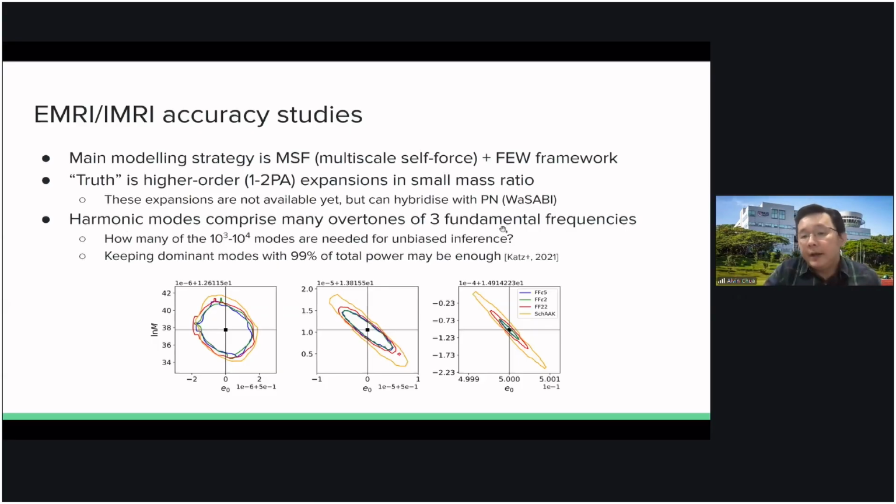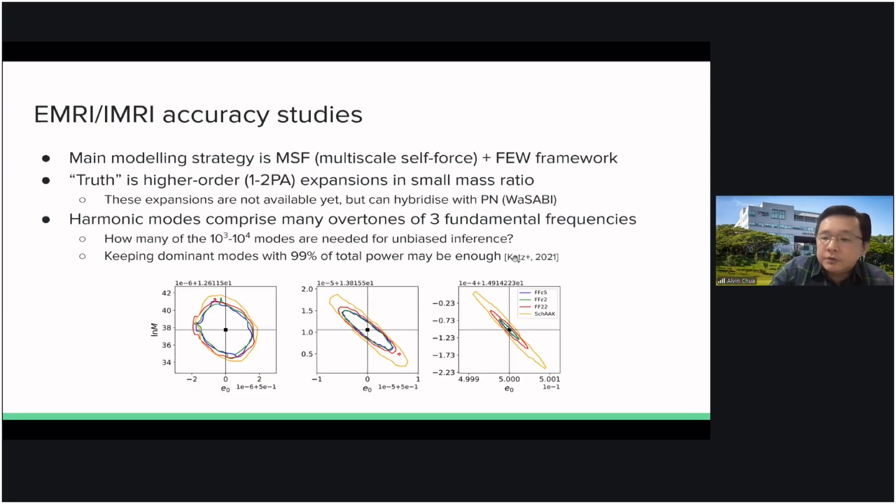And here, the orbit is also more complex. It has 3 fundamental frequencies. So the way that these waveforms are put together, you basically need to compute a very large number of modes, thousands to even tens of thousands of them. Okay, so then the question is, how many do you actually need when you evaluate the waveform? How many do you need to not have your inference be biased?